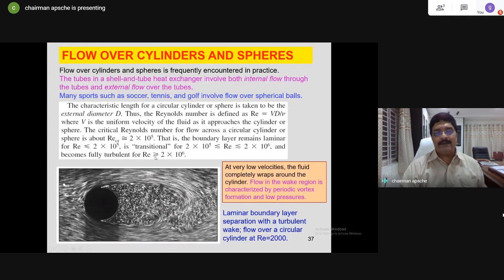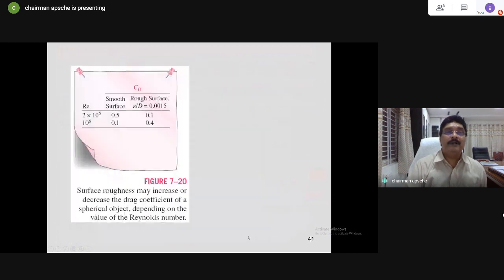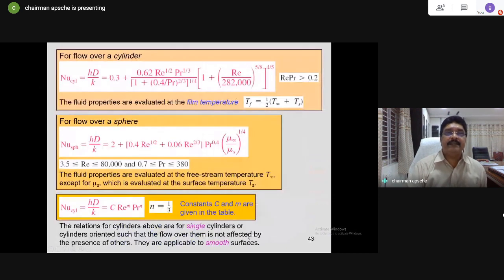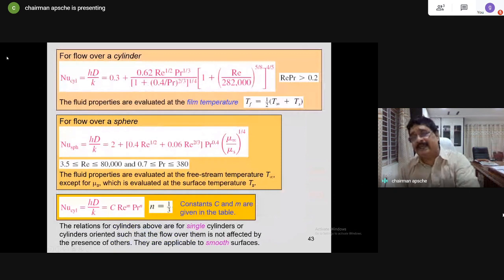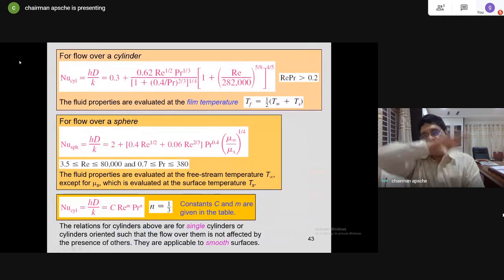So in all these cases, it is not the length of the cylinder. It is only the diameter that forms the characteristic dimension. Please note, flow over a cylinder, flow over a sphere. Over, in the sense, not through it, on top of it. So in all these cases, the characteristic dimension is d.